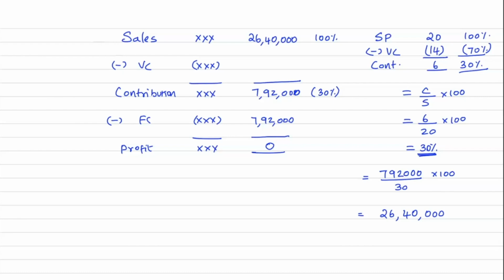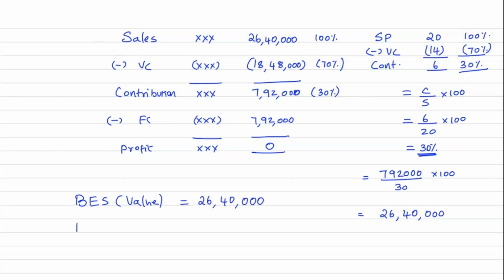It is 70%. Because from 100, if you deduct 70 only, you will get 30%. So if 26,40,000 is 100%, 7,92,000 is 30%, then the variable cost here is 70%, and that works out to 18,48,000. Of course, we are not going to make use of this information anywhere, but here we got one critical information, that is break-even sales in terms of value is 26,40,000.